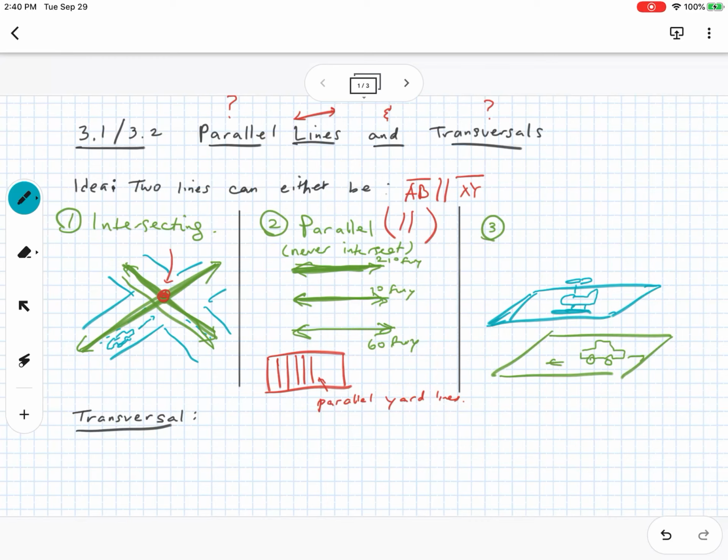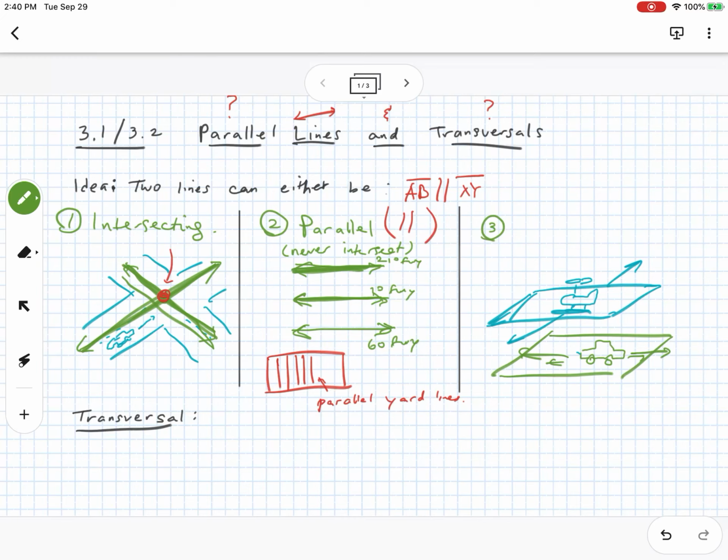So I would ask you this: do helicopters and cars, if they're doing what they're supposed to do, ever intersect with each other? No. Now, does it matter if they're going in the same direction? Let's say the helicopter was going this way, and the car was going this way, would that affect them at all?